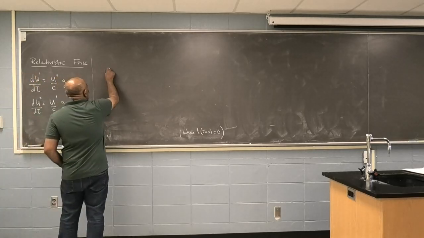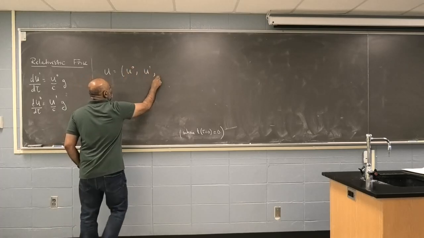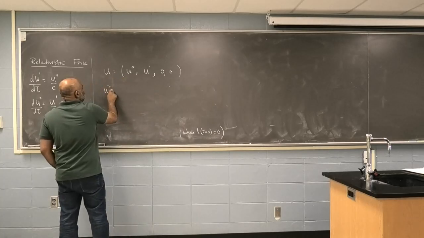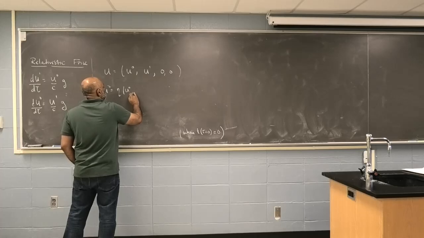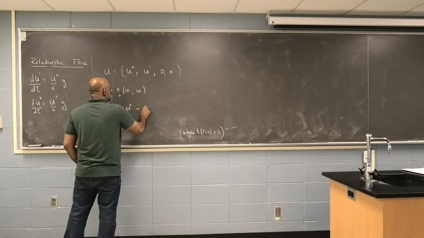What is u? u is u0, u1, right? Okay, let's do u squared. That is minus u0 squared plus u1 squared.